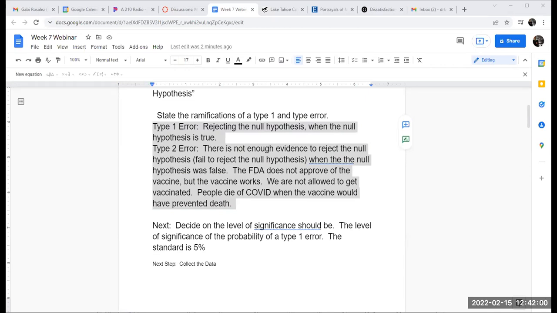So it's a give and take. So if type 1 is really bad, a lot worse than type 2, then you're going to use like 0.01. You want to make that smaller. Whereas if type 1 is not as bad, then you're going to let this level of significance be higher, like 10%.